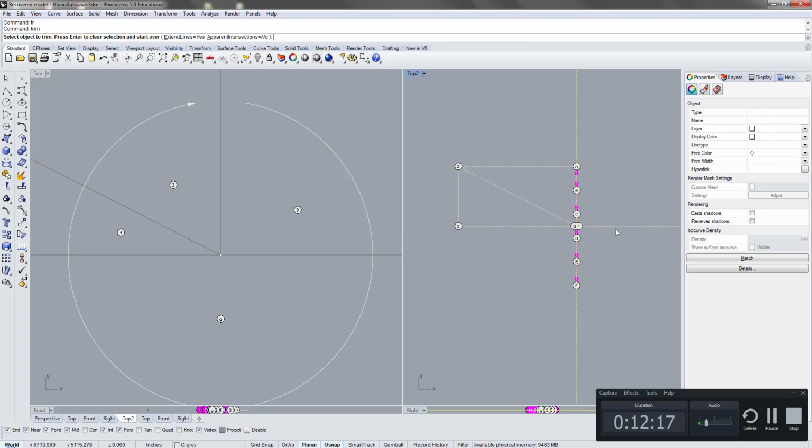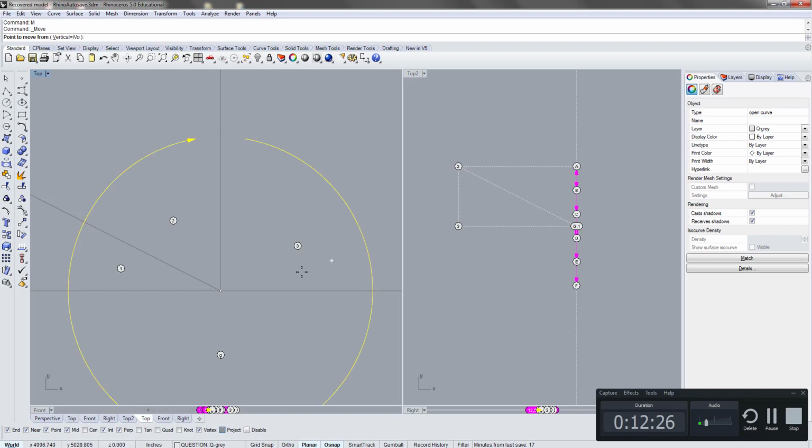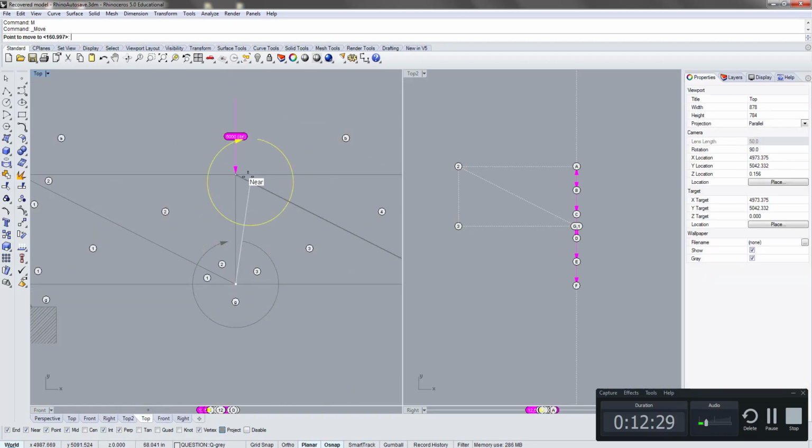Let's clean up the diagram. 3G, G1, 1, 2, 2, 3, right? So we are now ready to move on to the next point.